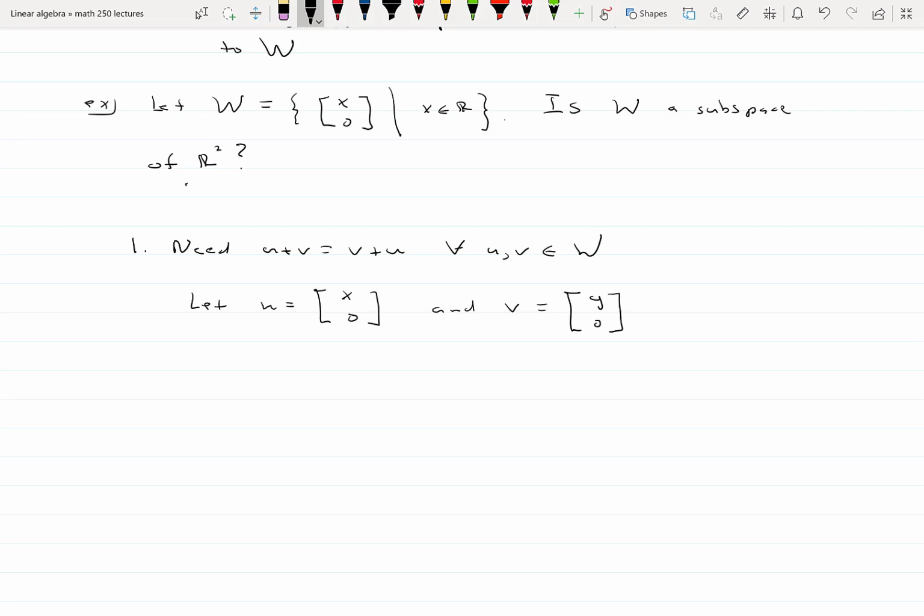So x0 is a column vector, y0 is a column vector. Well, what is u plus v? U plus v is x0 plus y0, and we're assuming the same operations as we had on R2 in section 2.1.